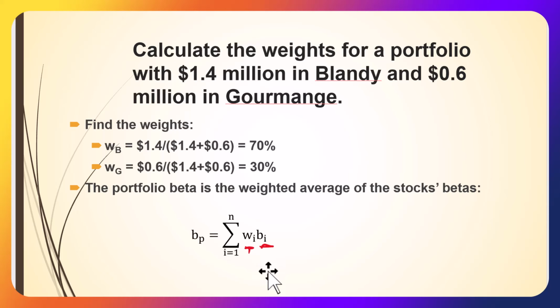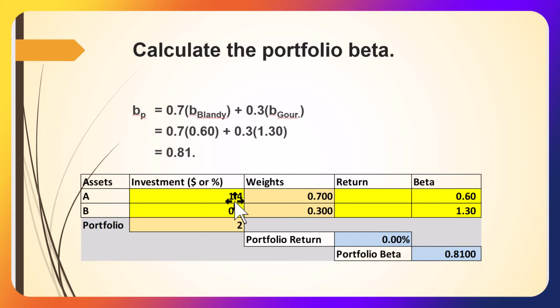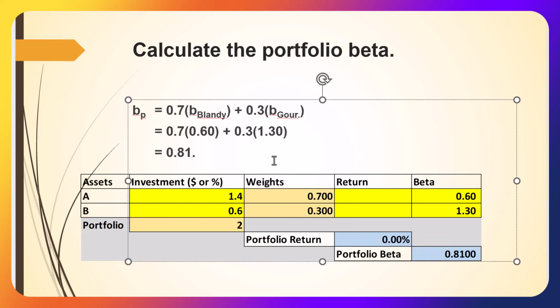So here in our worksheets, we have investment. We put $1.4 million in asset A. We put $0.6 million in B. So we invested a total of $2 million. 70% of that is in A, 30% is in B. Let's represent this as Blandy and Gourmage.